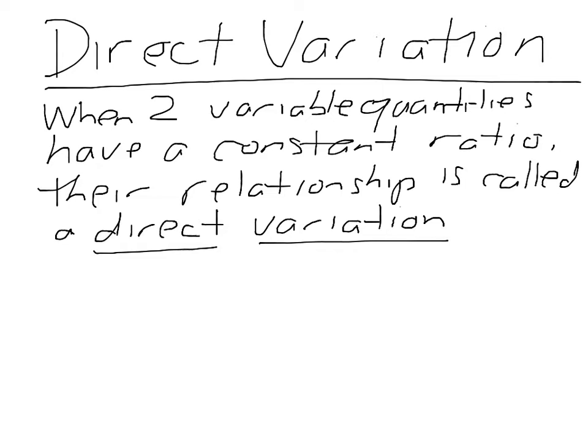When two variable quantities have a constant ratio, the relationship is called a direct variation.